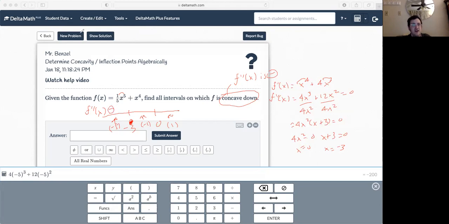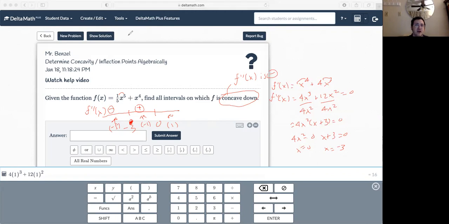Then I'm going to try negative 1 and see what happens. When I put in negative 1, I get a positive concavity. And then I'm just going to try 1 as well, and that's going to be a positive concavity as well.